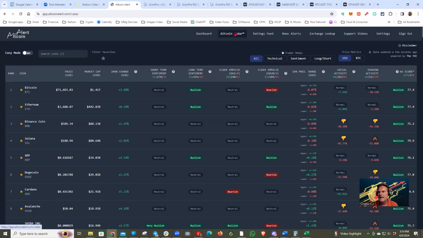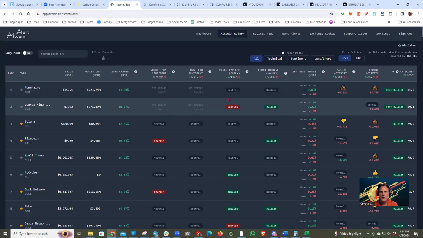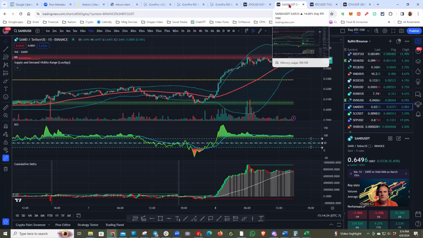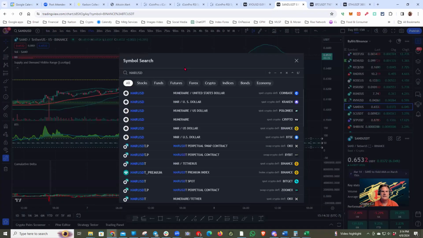I'm on the altcoin radar setting, and I will look at the altcoin AA score first. And I was looking at Numeric earlier because it had one above 80. This is on Coinbase, so let's go ahead and check that one out. We will look at this as a day trade. NMR USD.